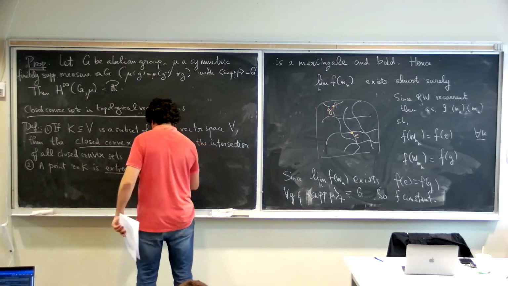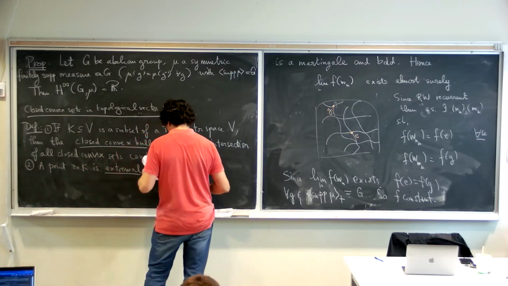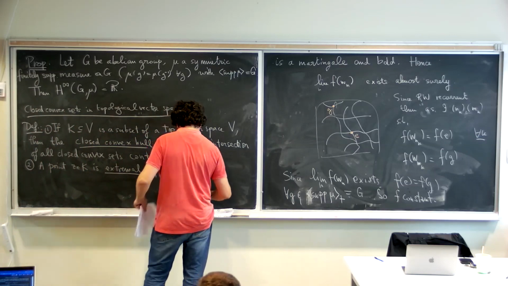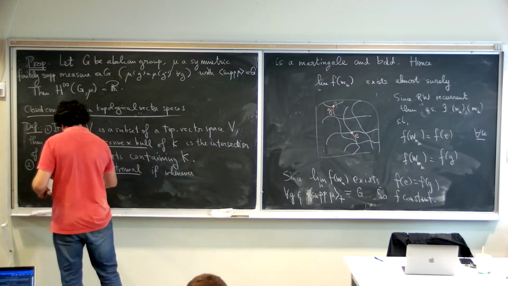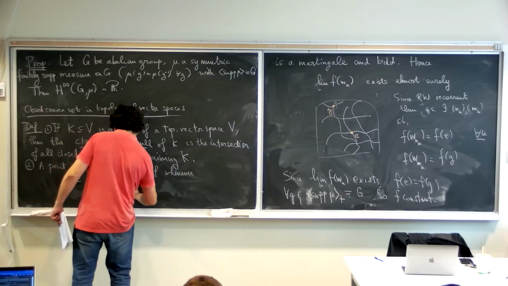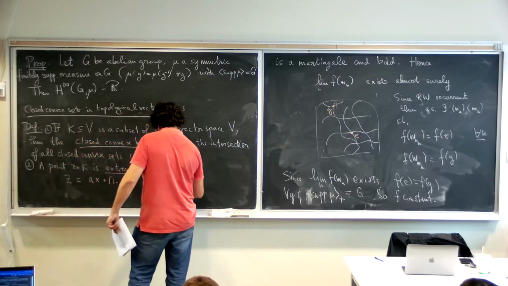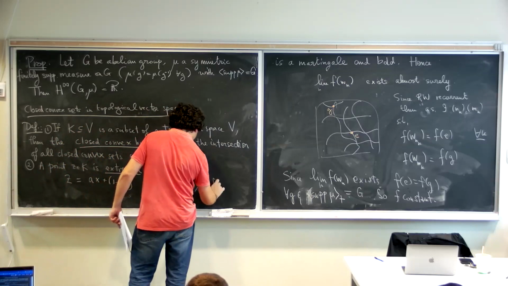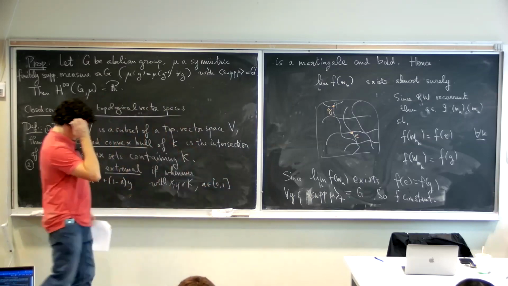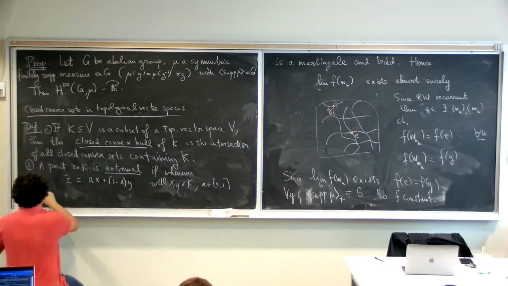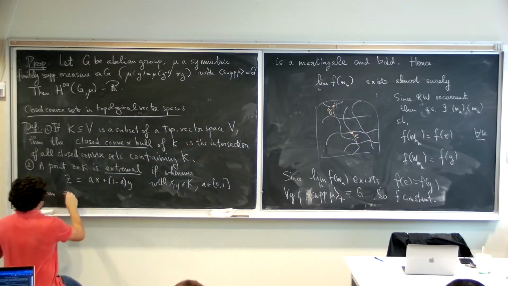That is, whenever z can be written as alpha x plus 1 minus alpha y with x, y in K and alpha in (0,1), then either z equals x or z equals y.